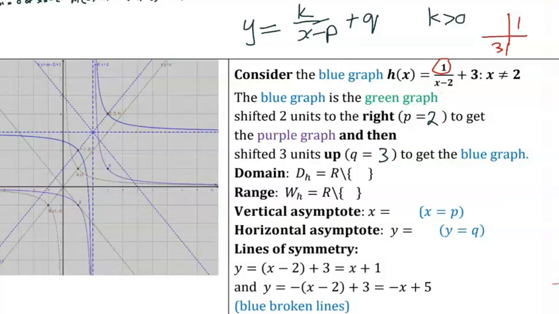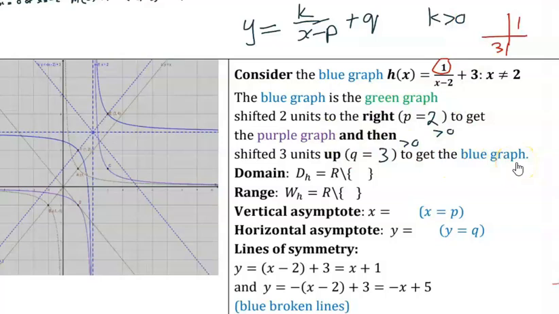To get the purple graph, that's just one in between, so we shifted 2 units to the right, and then to get the blue graph we must also shift 3 units up. We shift up because q is positive, and p is also positive. So p positive means we shift to the right and q positive means we shift up.